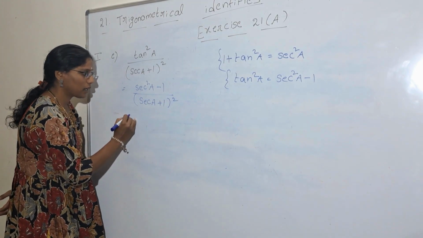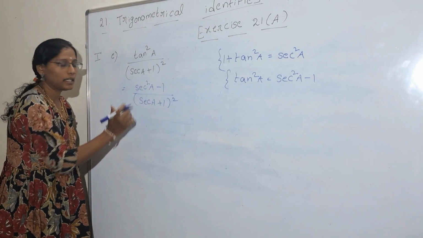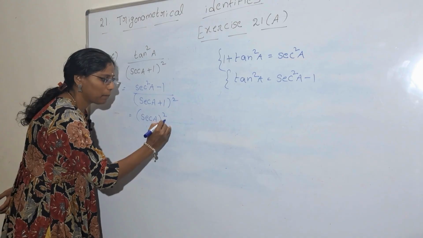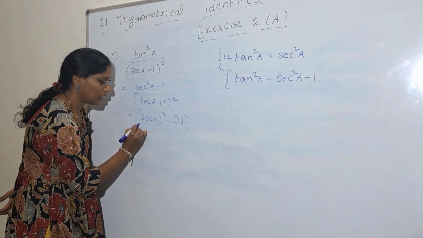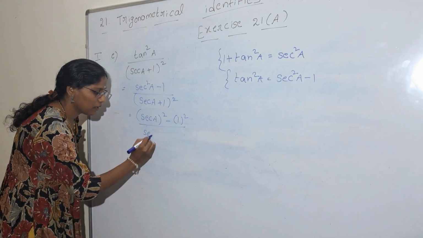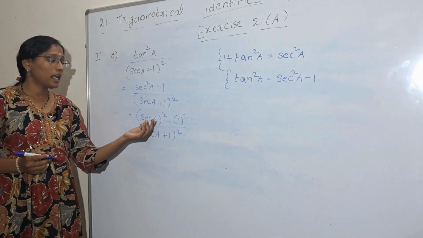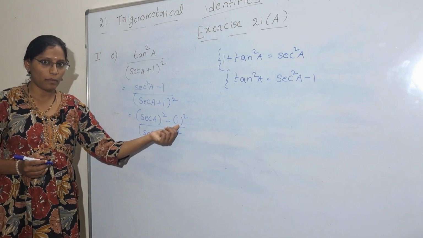Denominator as it is. Numerator, I will write here secant A whole square minus 1 whole square. No changes. Secant A plus 1 whole square. Here A square minus B square formula we can apply.